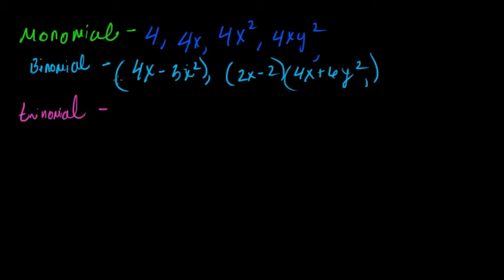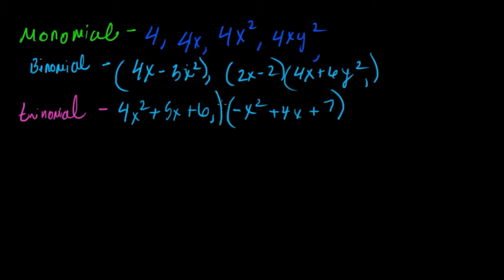If you remember from our factoring video where we factored quadratic expressions, they were actually trinomials, in the form of 4x squared plus 5x plus 6, or things like minus x squared plus 4x plus 7. This is how they actually look. These are what we call trinomials.